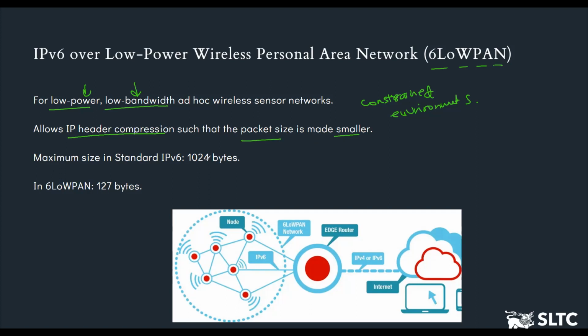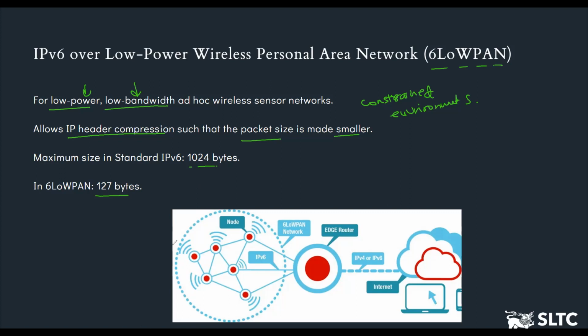In maximum standard communications in IPv6, we have 1024 bytes total length for the packet. But in 6LoWPAN, it is only 127 bytes for a packet. So the packet size is made significantly smaller, and therefore lightweight communications can be done using this protocol.